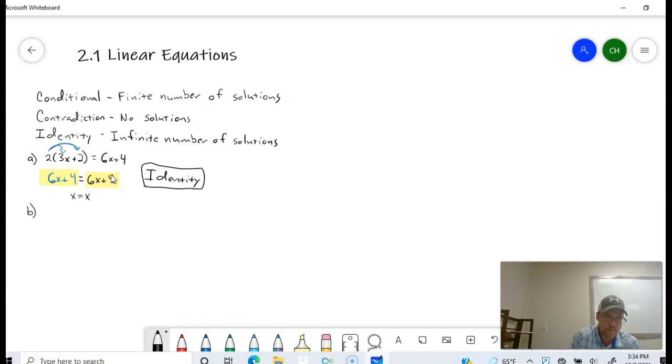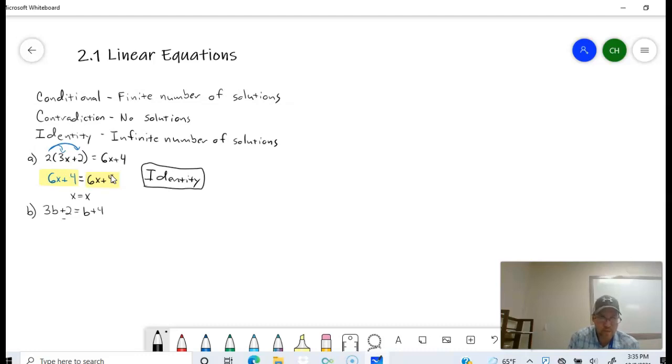All right, another example. We have 3b plus 2 is equal to b plus 4. So using my steps that we talked about earlier, I can't simplify it. There's no like terms, so I'm going to use my addition property of equality.